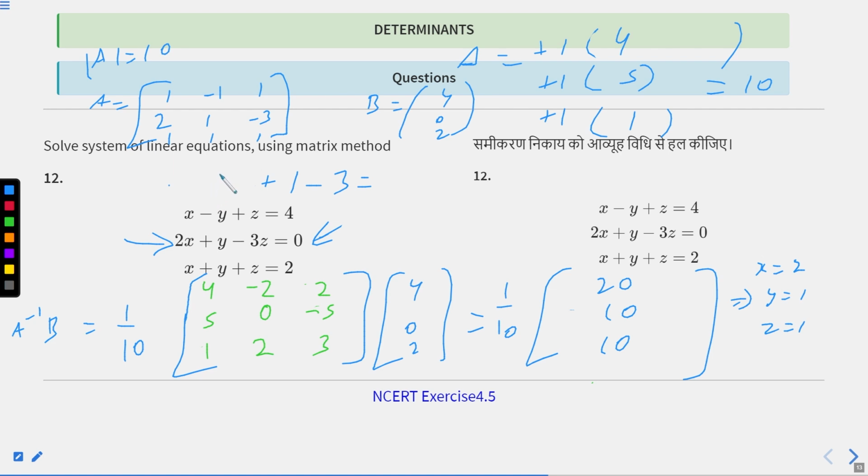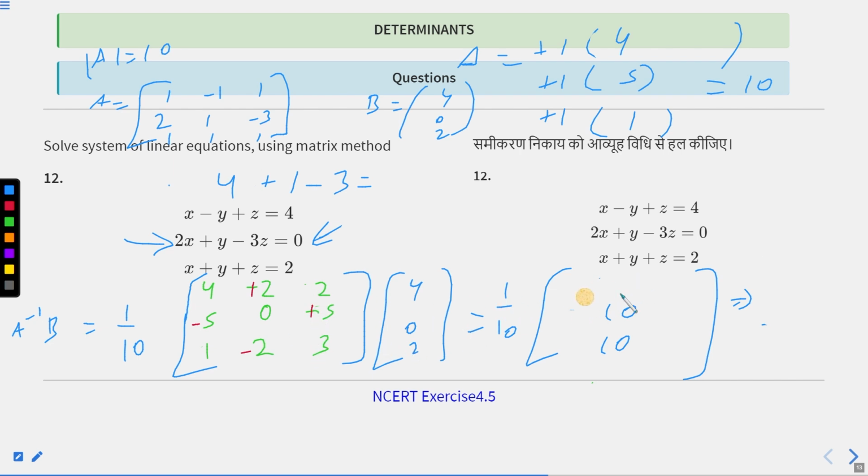As you can see, 2 multiplied with 2 is 4. Sorry, one thing: as you can see, I haven't written the signs yet. So they start from plus, minus, plus, minus, plus, minus, plus, minus, plus. Okay, so far so good.